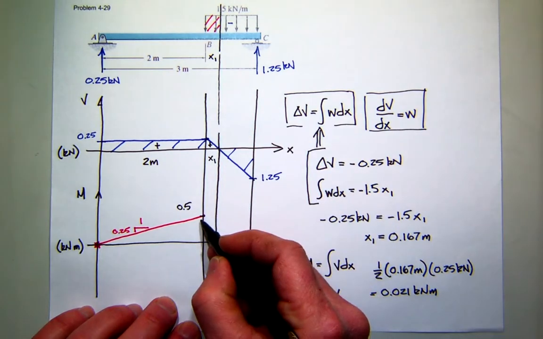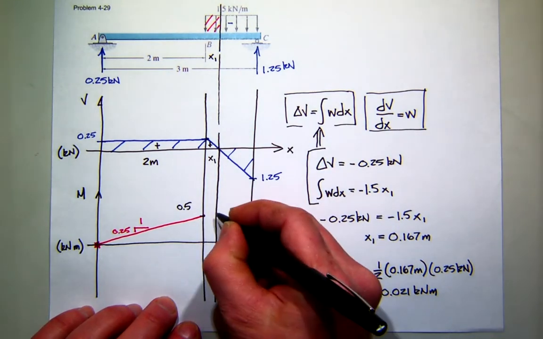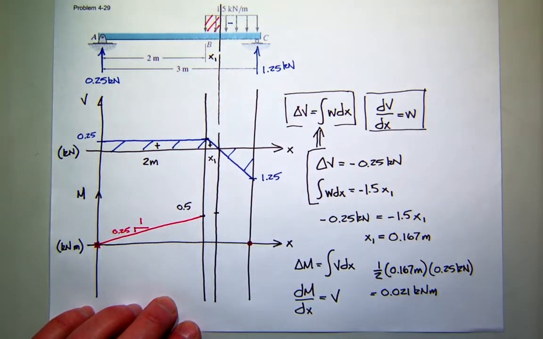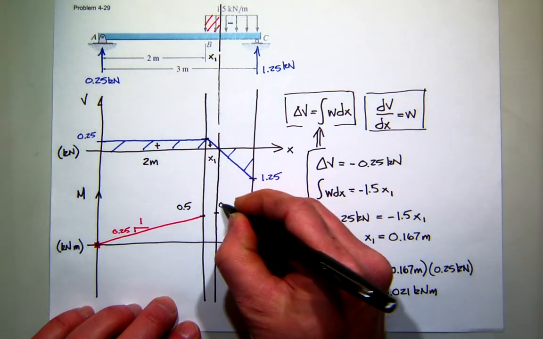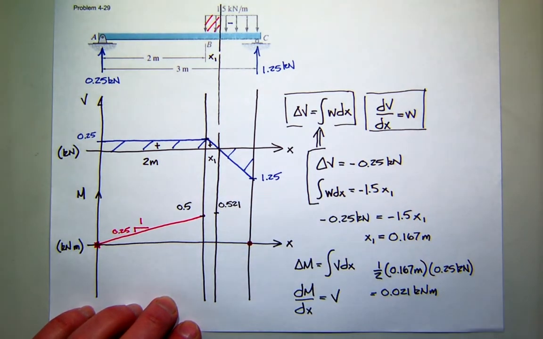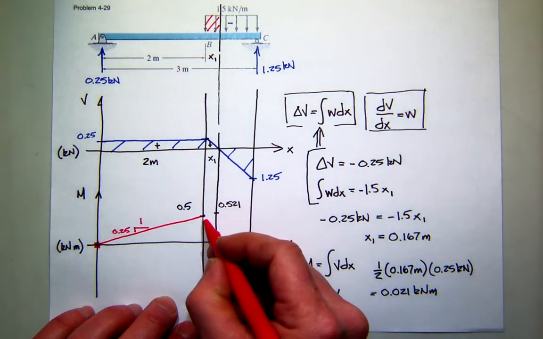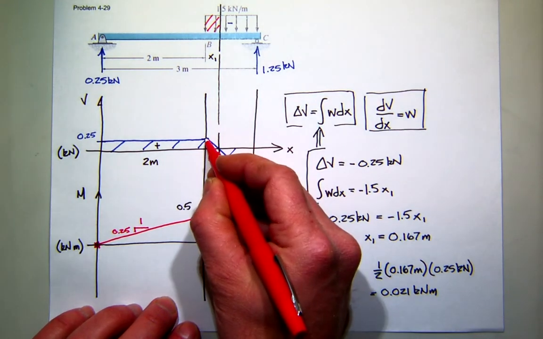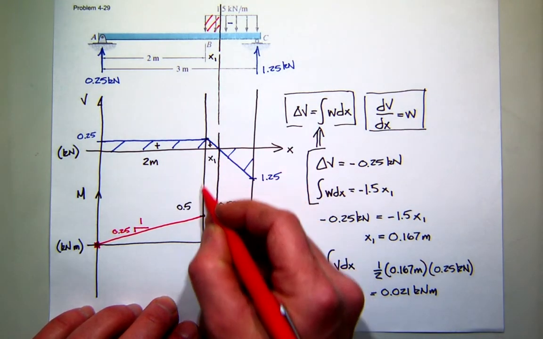So I have to add it to 0.5. So that means I get a little bit of increase. So it looks like I got 0.521. Now it's going to be hard to see this, but if you look at the slope right here, well, it's still positive 0.25.